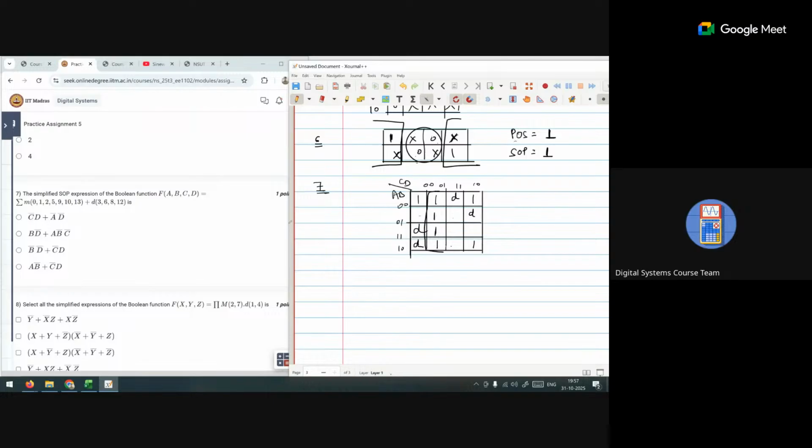Okay, so one group is required, and one corner group is required.